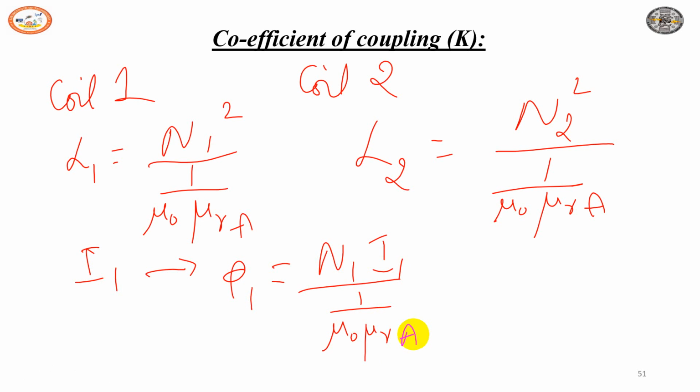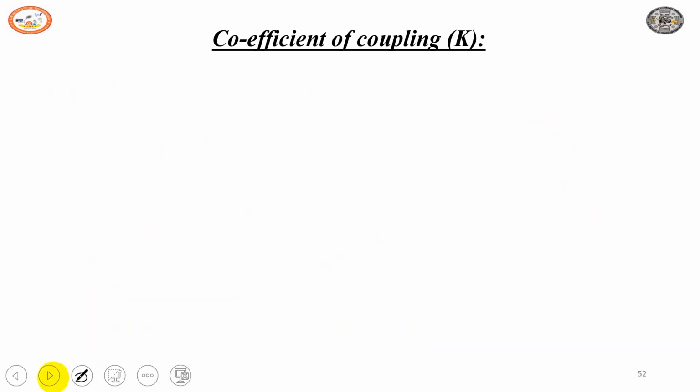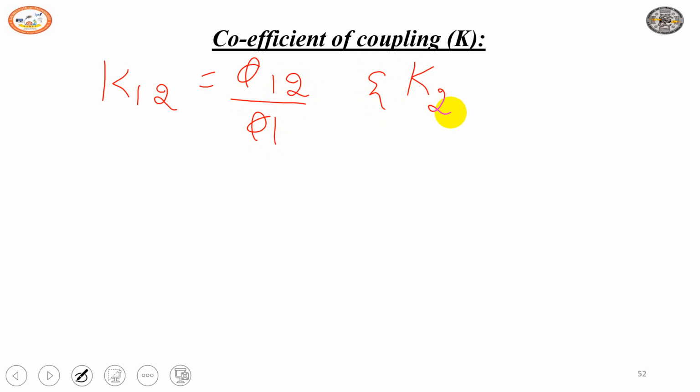With respect to the first coil only, K12 is mutual flux phi 12 divided by phi 1, and if I give the voltage to the second coil, it becomes K21 is equal to phi 21 divided by phi 2.